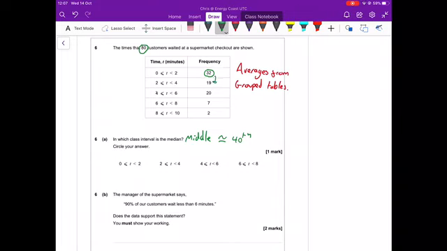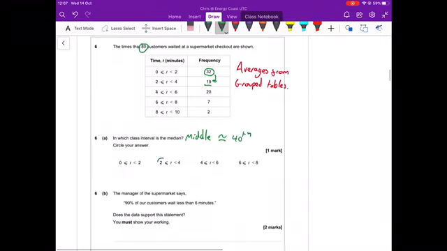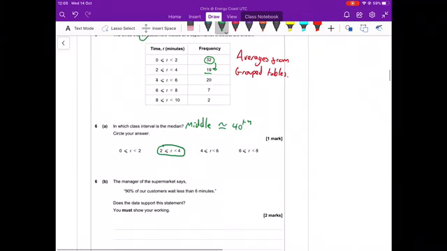Okay, so the 40th person is somewhere between this 19 lot in here, because the first 32 are there. If you went up by 8 or more, then it's going to take you into the next group. So it's taking me into the second group. So the median is the second group, which is that one. Okay, that's roughly where the 40th person is going to lie, somewhere in that group. I don't know what exact number it is, but that's how these tables work. I just know it's somewhere in that group.